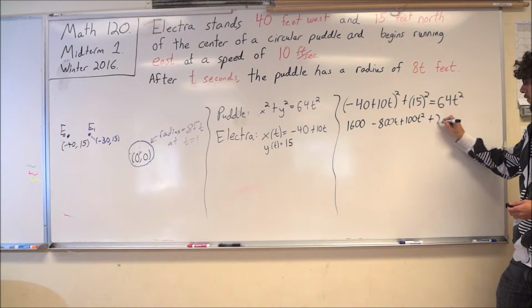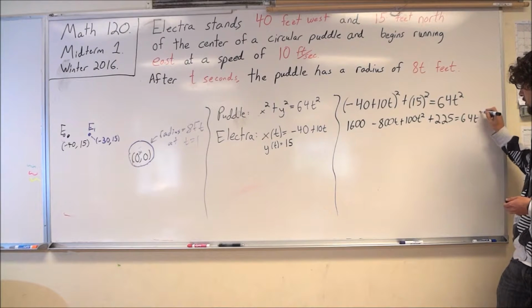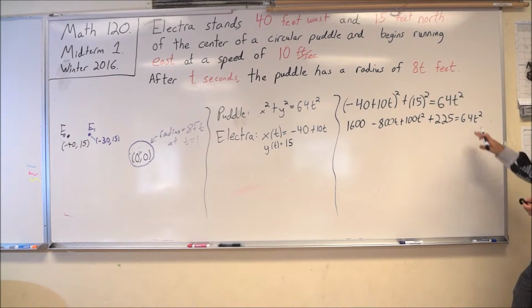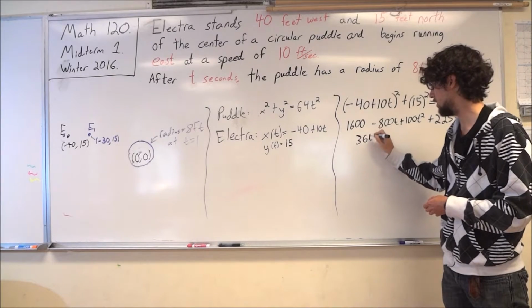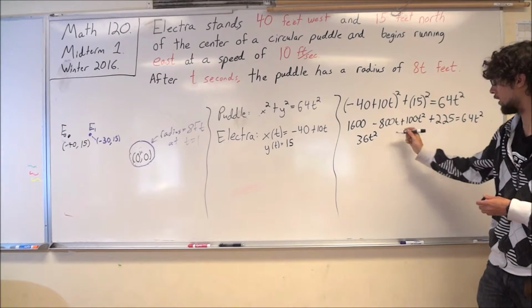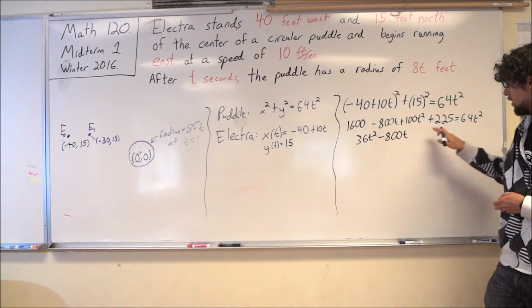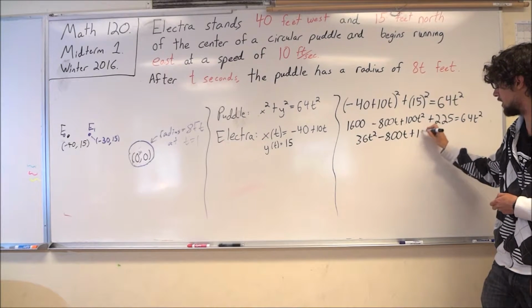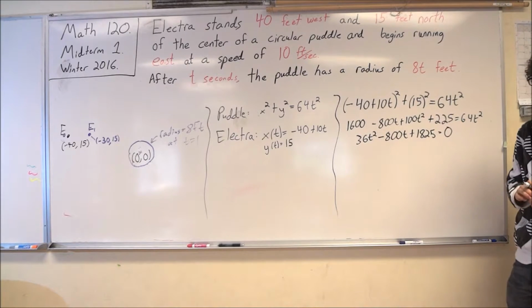This comes out to 225, and this equals 64t squared. I can subtract 64t squared from both sides, and then I simply have a very familiar quadratic equation. I can write this as 36t squared minus 800t, and now this combines to plus 1825 equals 0.